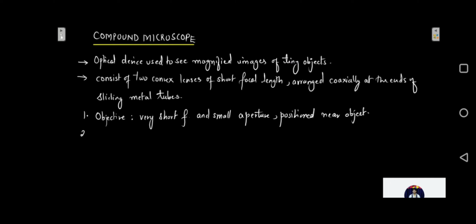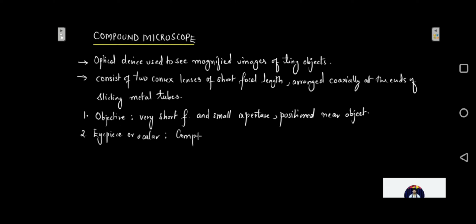The second convex lens is called the eyepiece, or ocular. It is the convex lens which is going to have comparatively larger focal length compared to the objective.